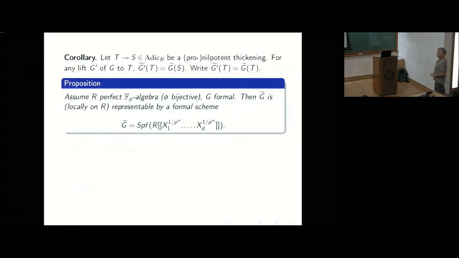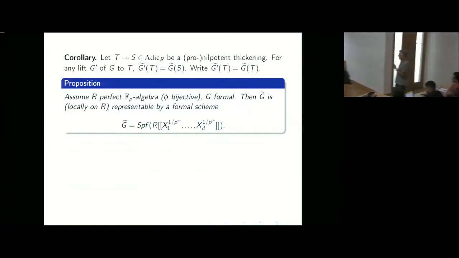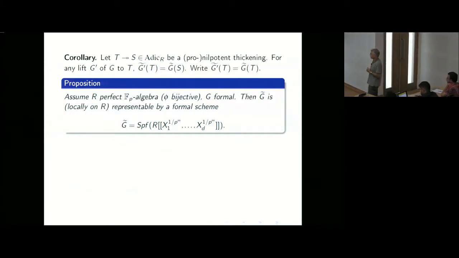So we define this universal covering as a pre-sheaf, and the first question that might come to your mind is whether it is representable. And first result is that it is representable, in fact, by a non-Noetherian ring, but representable in case that R, or a ground ring, is a perfect F_p-algebra. And G is formal.